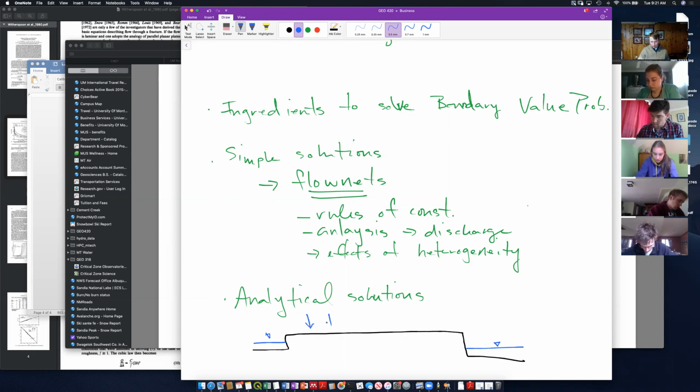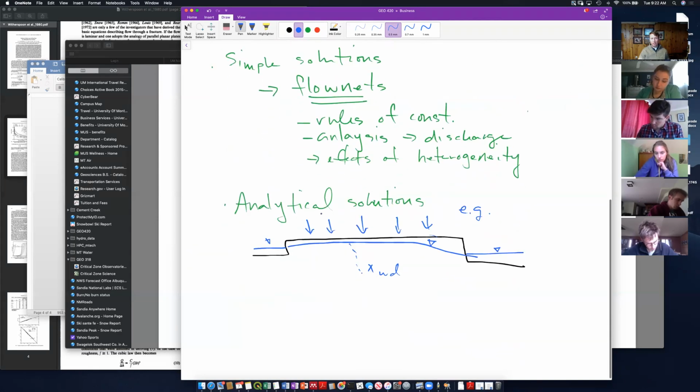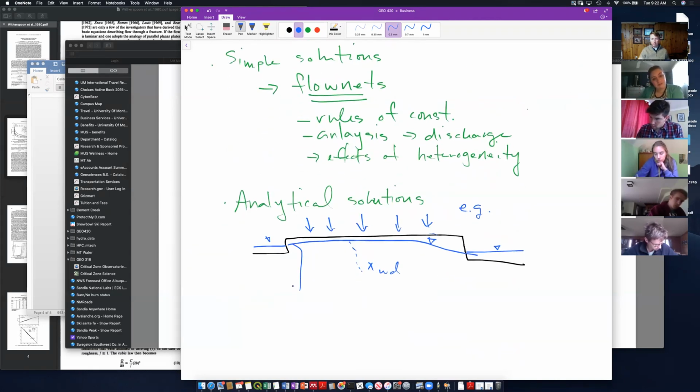It was receiving recharge, and it had a water table. We thought about where the water table divide might be. And we also talked about an equation that gave us the shape of the water table.